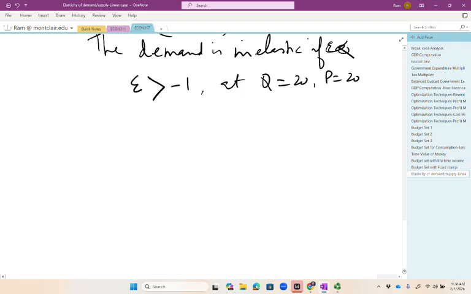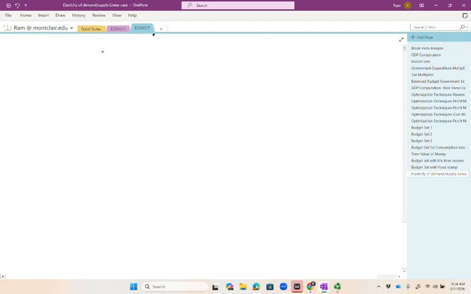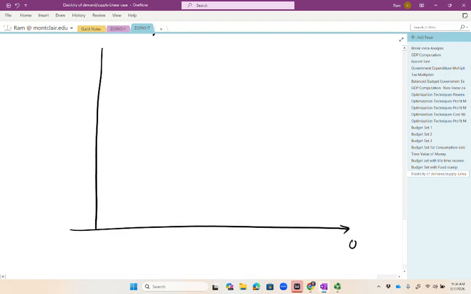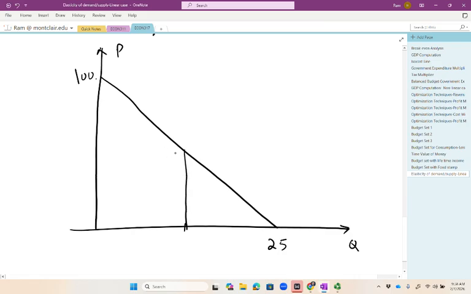Maybe now I can go back to the demand and show these observations in the graph. So Q here, P here. Remember the graph of the inverse demand was 100 vertical intercept, 25 horizontal intercept. I want to first draw the midpoint, which was 12.5.